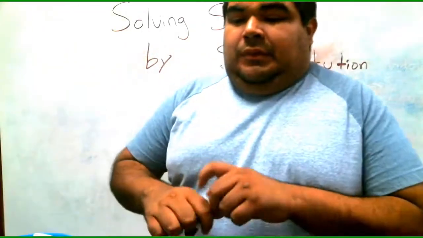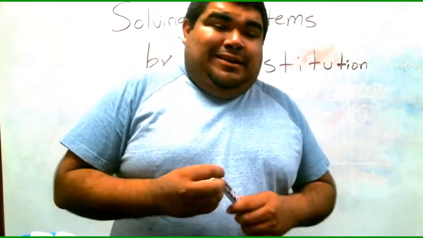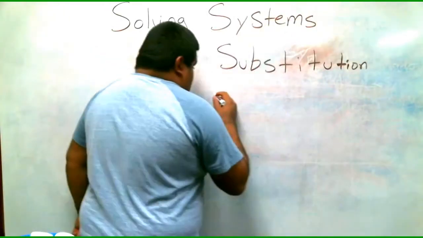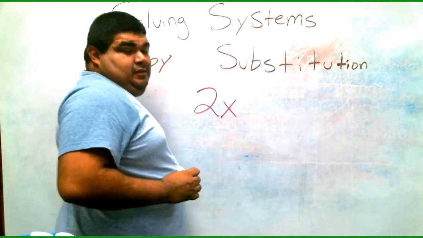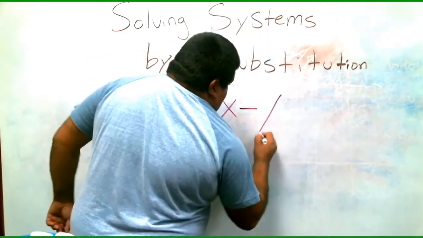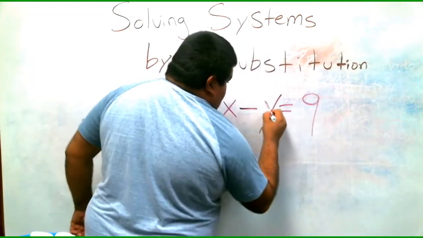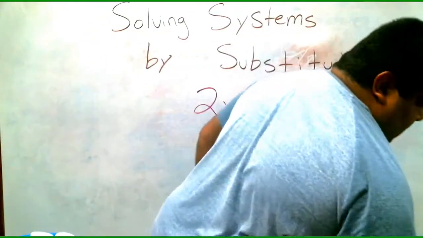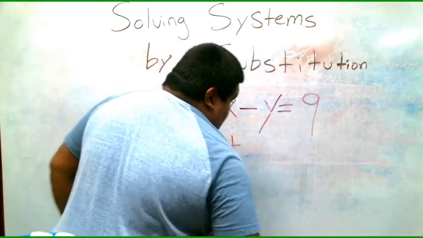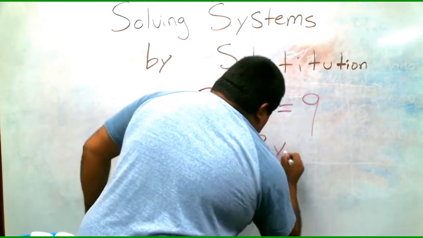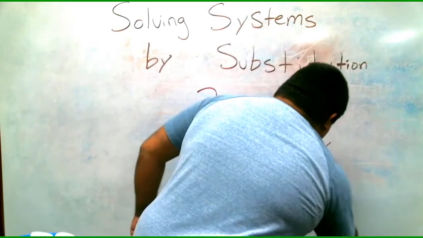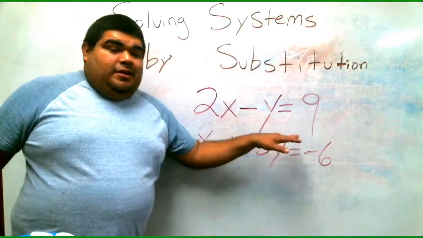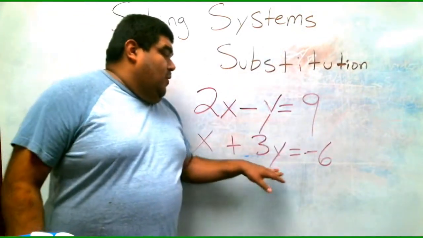So, our problem is given as 2x minus y equals 9, and our second equation is x plus 3y equals negative 6.